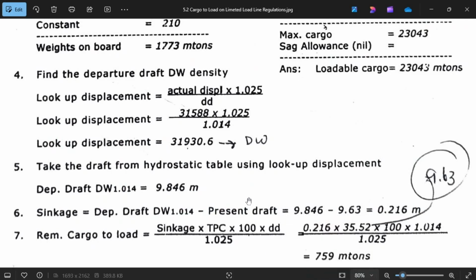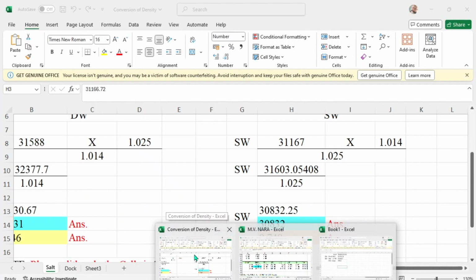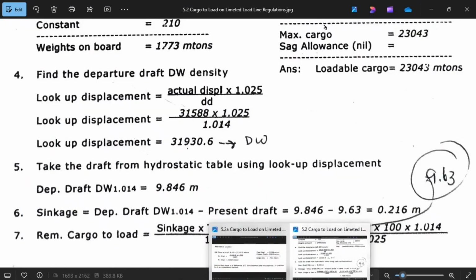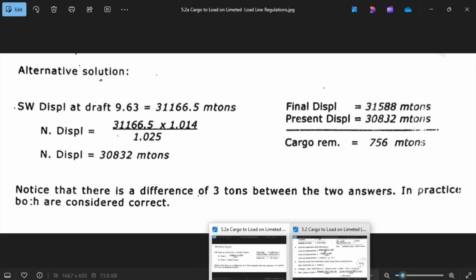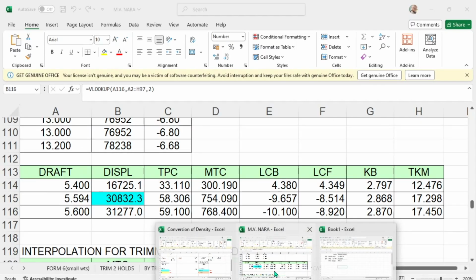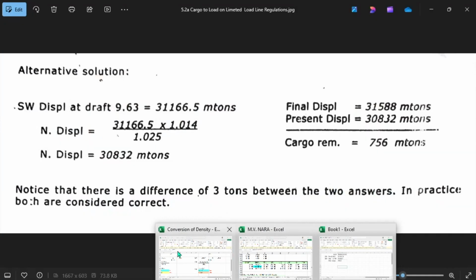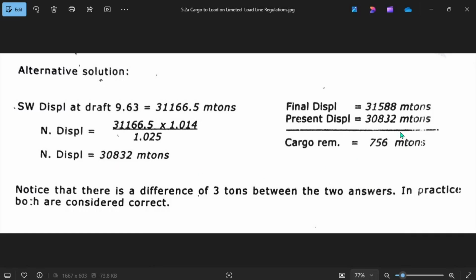Double check, guys. That should be 30832. Am I correct? Okay, 30832. So meaning you have 30832.